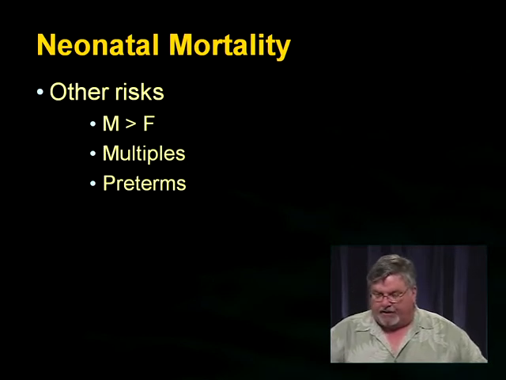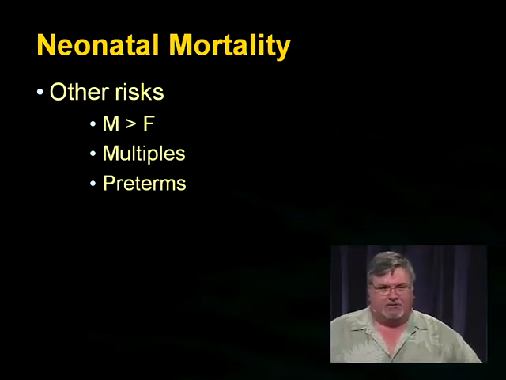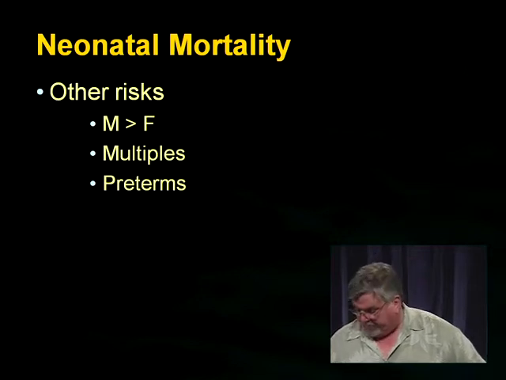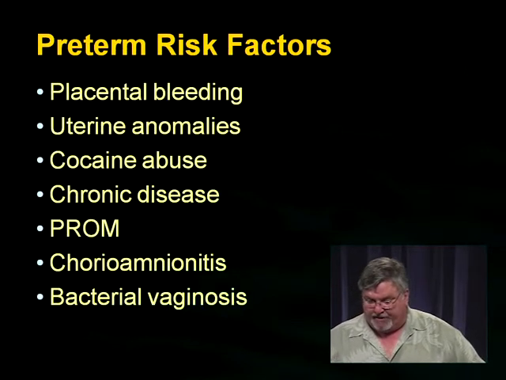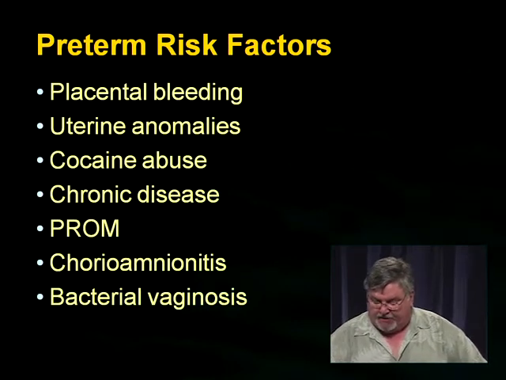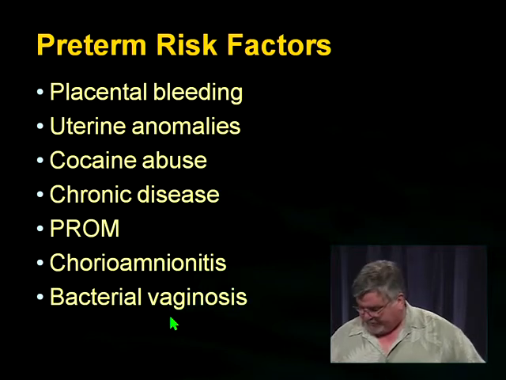Neonatal mortality, males obviously more than females, multiples and preterms, those are the ones who tend to die. Preterm risk factors, there they are. The newest one that's been added to the list is bacterial vaginosis, which sounds really pleasant and not something your mother's likely to have told you.